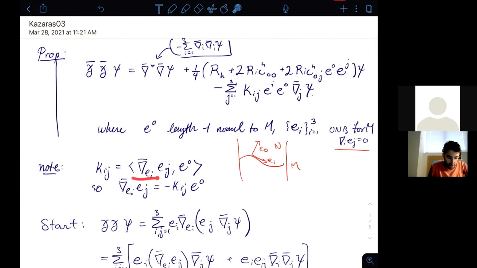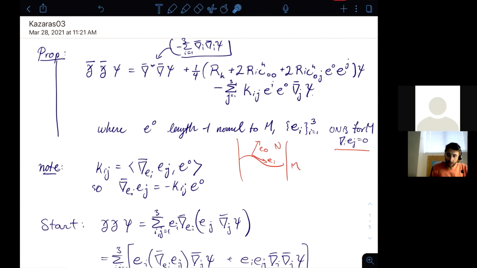In these coordinates, the tangential part of that vanishes, so there's only a normal part. So this is all there is when you take this kind of covariant derivative. Or if you wanted to write down what the covariant derivative of e_j in the e_i direction is, that would be minus K_ij e_0. You just pair both sides with e_0, and you get the above formula, since the pairing of e_0 and e_0 is -1. We'll use that in a second.